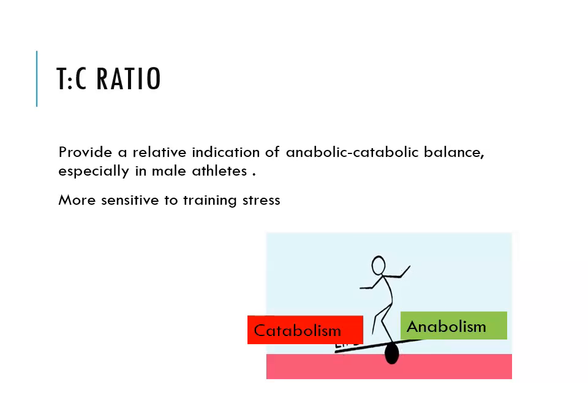Testosterone cortisol ratio will provide a relative indication of anabolic and catabolic balance, especially in male athletes. And compared to the individual testing of testosterone or cortisol, TC ratio is more sensitive and gives valuable information related to the training stress.